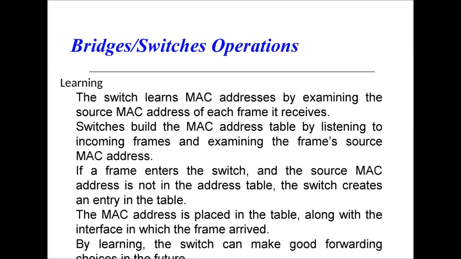You can say that system number one is in the finance department and system number two is in the marketing department. So now these two systems are in two different departments, and source and destination are not in the same local area network. So the switch will forward the frame to the desired destination in the other LAN or segment.